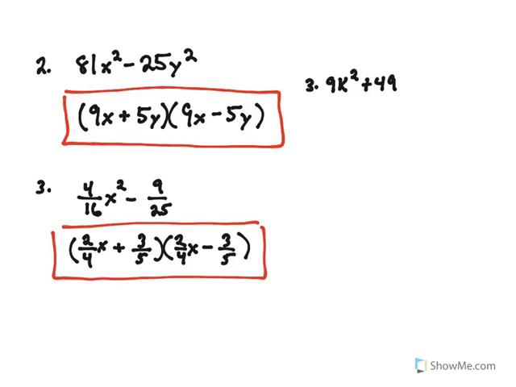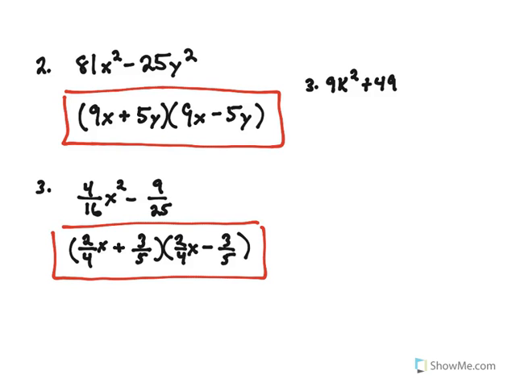Okay. In this particular problem, we look at 9k squared. That is a perfect square. We look at 49. That's also a perfect square. However, we will not be able to factor this because this is a prime binomial and this is not the difference of two perfect squares. So it cannot be factored using any other method either.